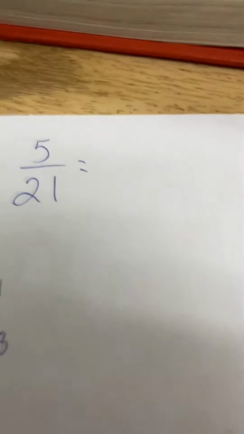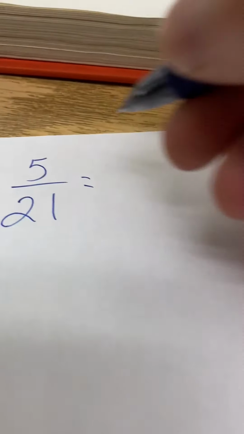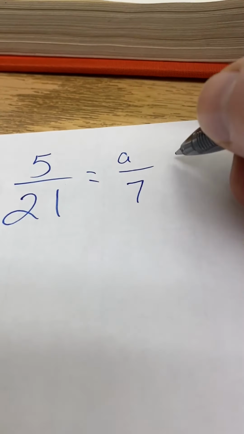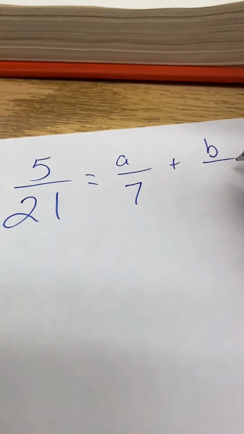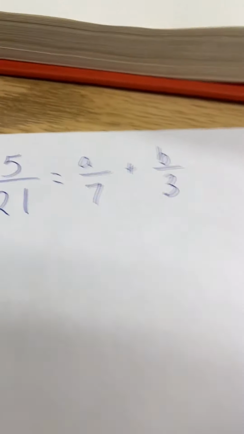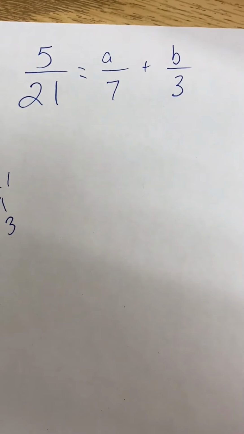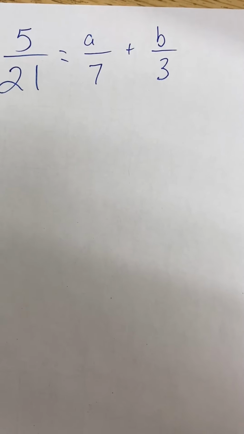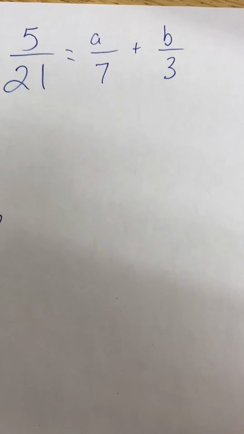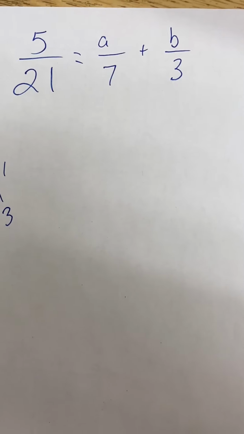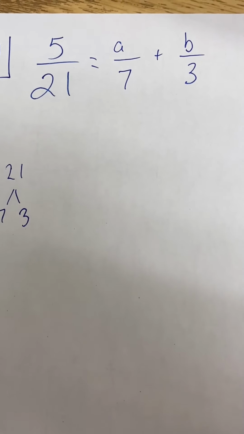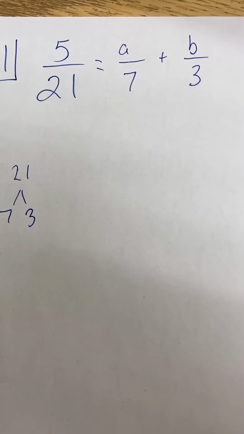So that means that 5/21 is something, I'm going to call it A, that's kind of the standard, over 7 plus something else, B, over 3. Since 7 and 3 are the factors of 21, something over 7 plus something else over 3, when added together, have to create something over 21. And this one actually gets pretty tricky to solve, so I'm going to stop right there. But for everything else, we'll take it all the way and solve it to the end.